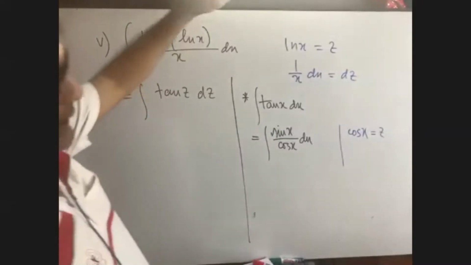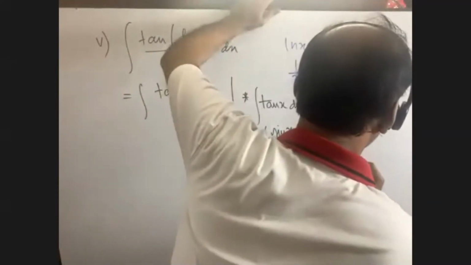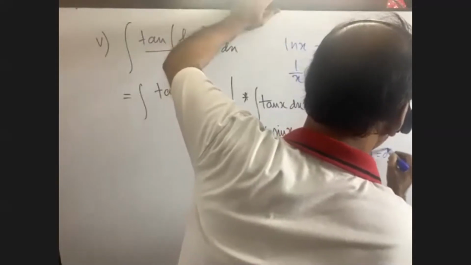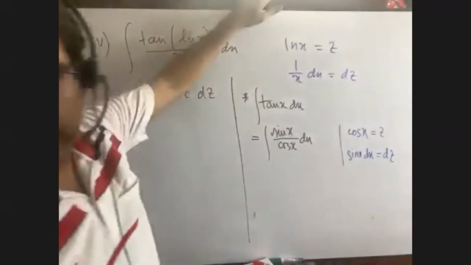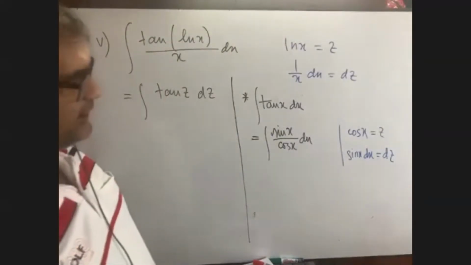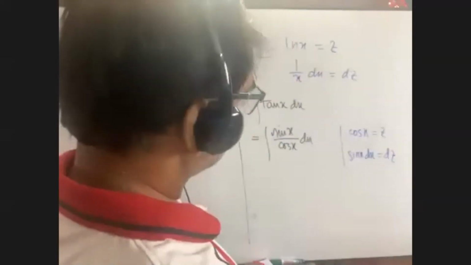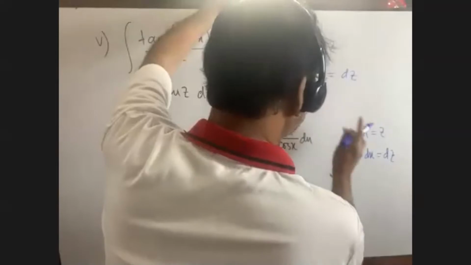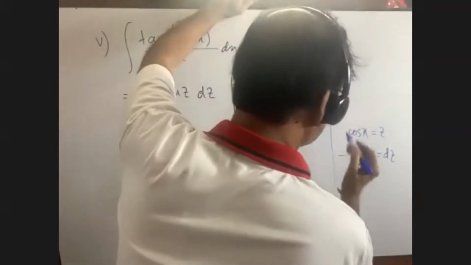We are getting sin x dx equal to dz, but as it is cosine, we have to give a minus sign.